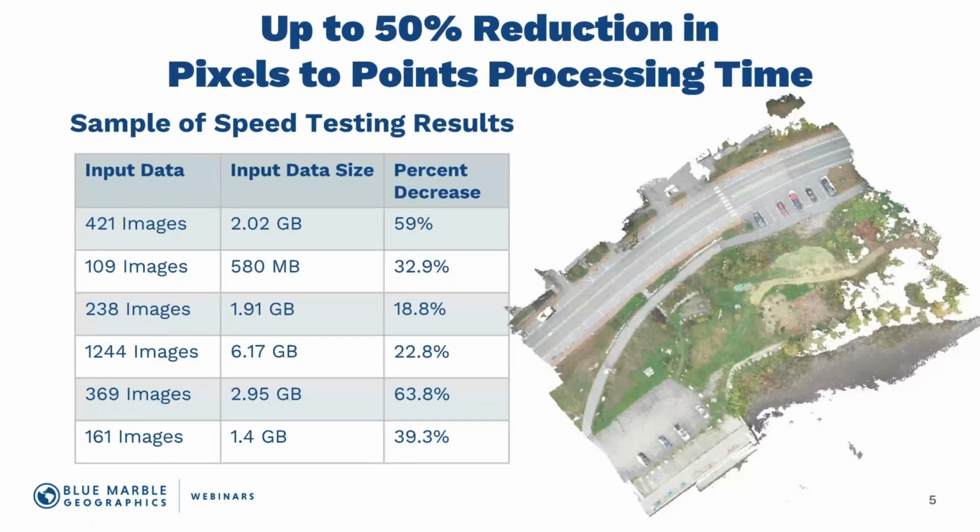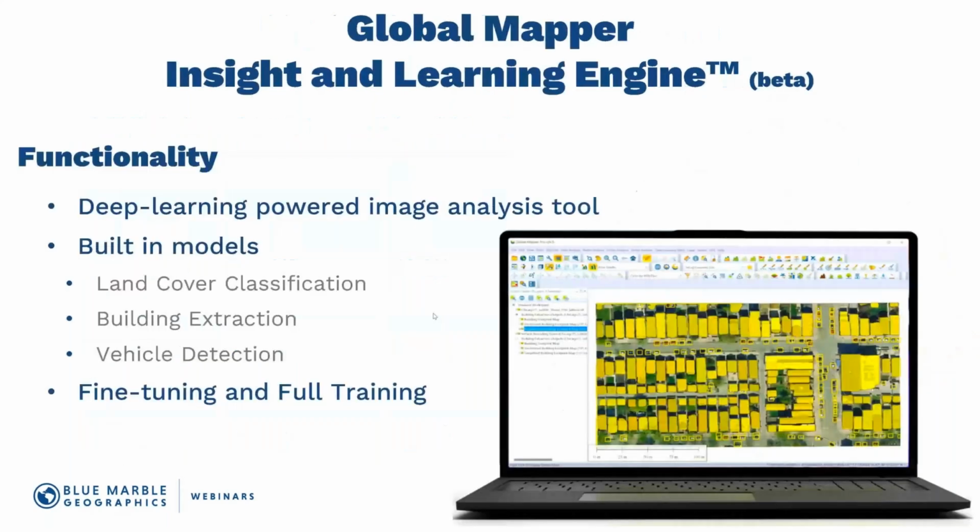Alrighty, we'll keep PowerPoint open here. We'll switch gears to our last topic, the Global Mapper Insight and Learning Engine. So this is our newest feature addition module to the application that we have introduced probably in a long time.